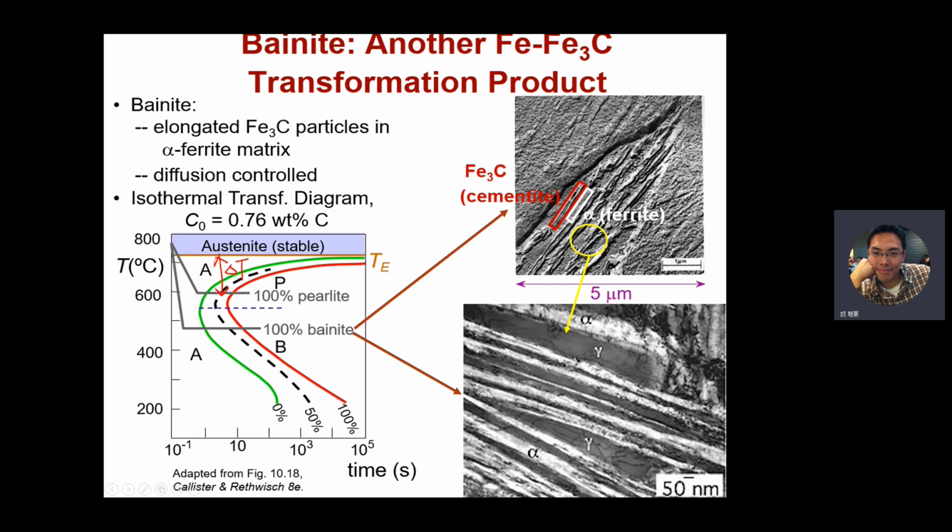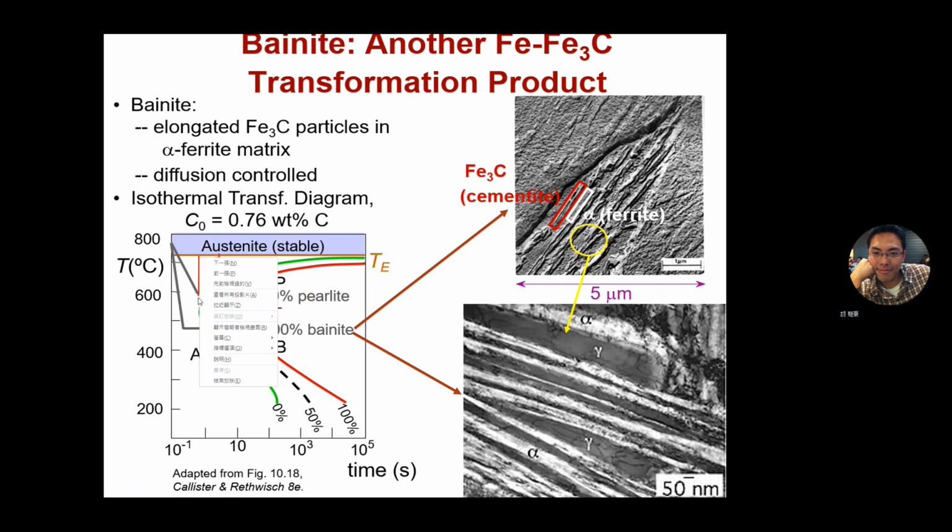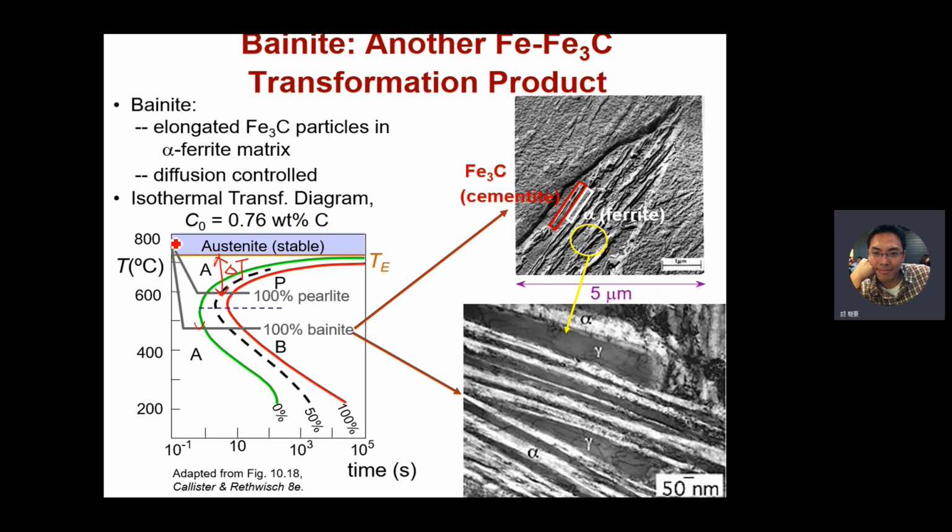If we need a bainite structure, we need a higher delta T, from the TE to this point. This is the delta T for bainite, so you can tell the difference.